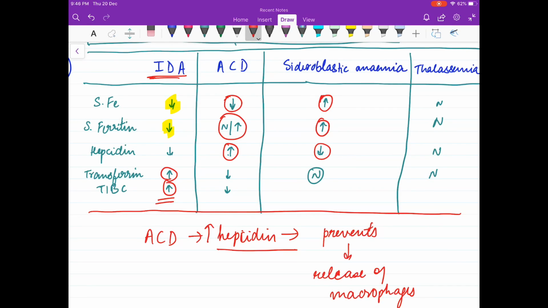So heme synthesis is decreased, and in this iron is increased, protoporphyrin is increased. And you will remember that in sideroblastic anemia you will see Pappenheimer bodies.